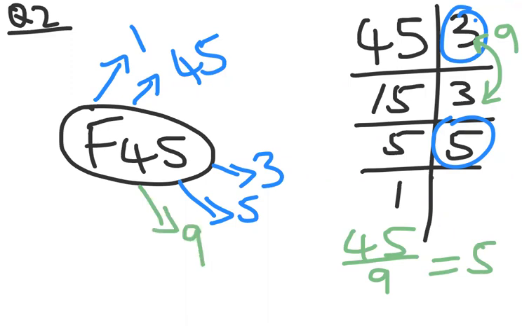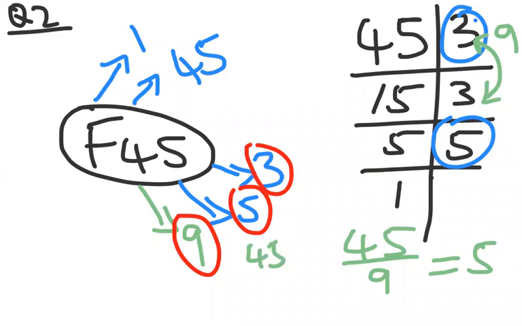Another thing we can do, you can take these numbers, the 3 and the 5 and the 9, and then say separately, 45 divided by 3 gives us what? Let's work it out. First you must see if you can work it out. If you can't work it out, then it's not a factor.